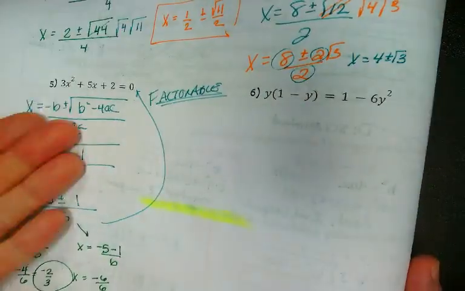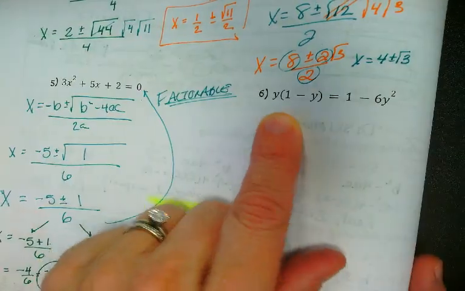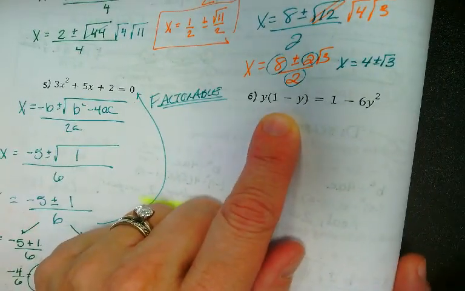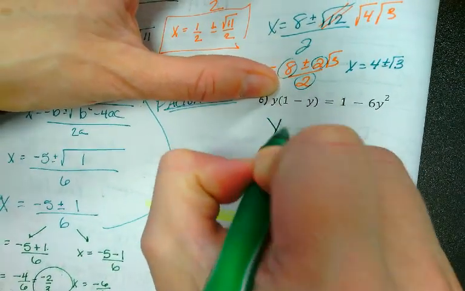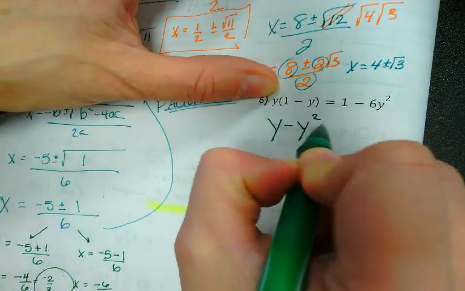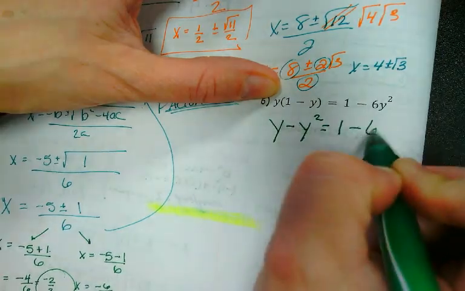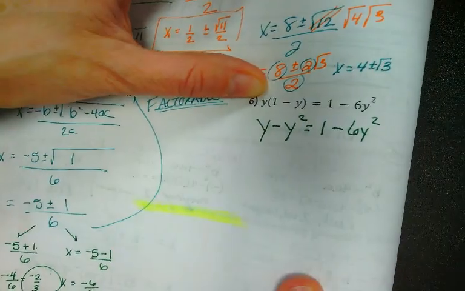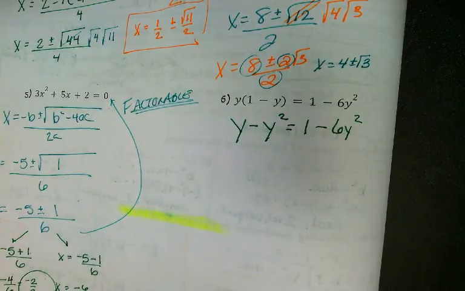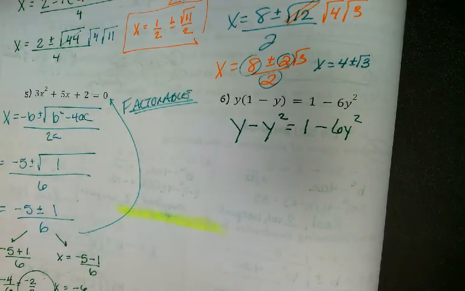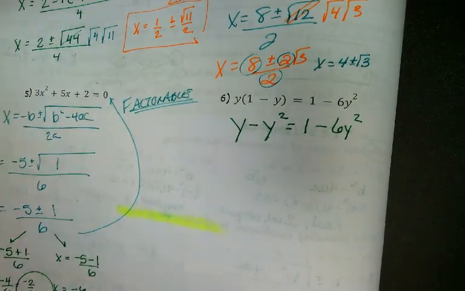Okay. So the last way they can obviously make these questions uglier, and they do, is they don't have it perfectly set up. It's not set equal to 0, so clearly you got to do what on the left side? Distribute. So let's go ahead and do that. So y minus y squared equals 1 minus 6y squared. Okay. And again, if I was going to factor, I would want my y squared to be positive. If I'm just using quadratic formula, I could care less because it just goes in the numbers.